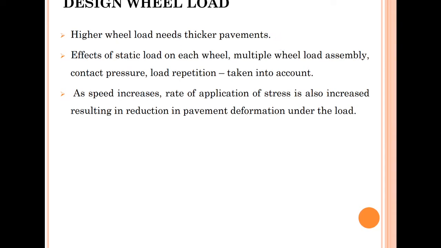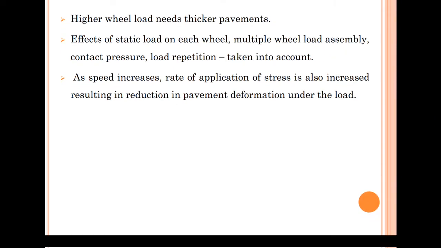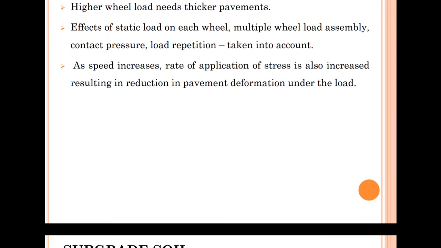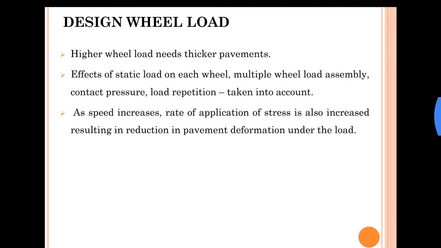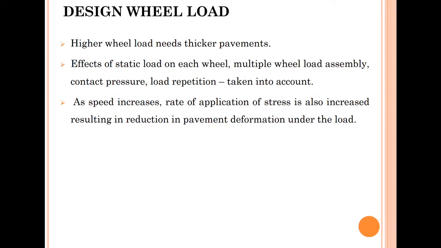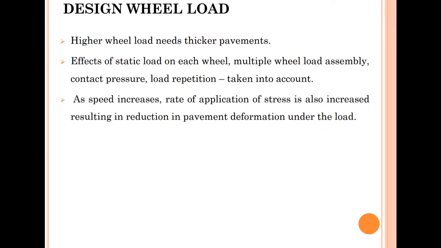Effects of static load on each wheel, multiple wheel load assembly, contact pressure and load repetition are taken into account. So under design wheel loads we need to take into account the contact pressure, the tire pressure, and the load repetition, that is how many times the load is being repeated on the road.